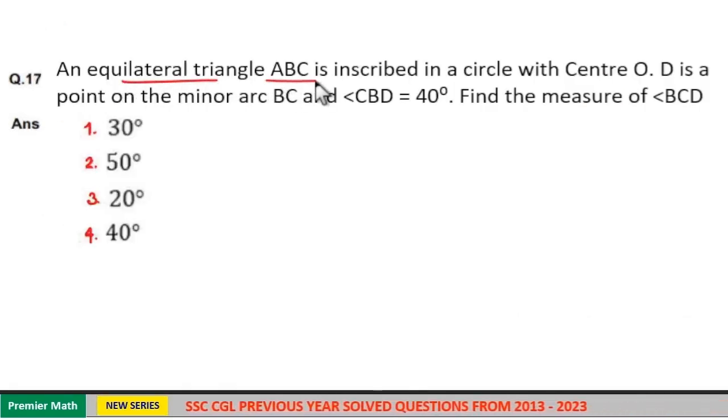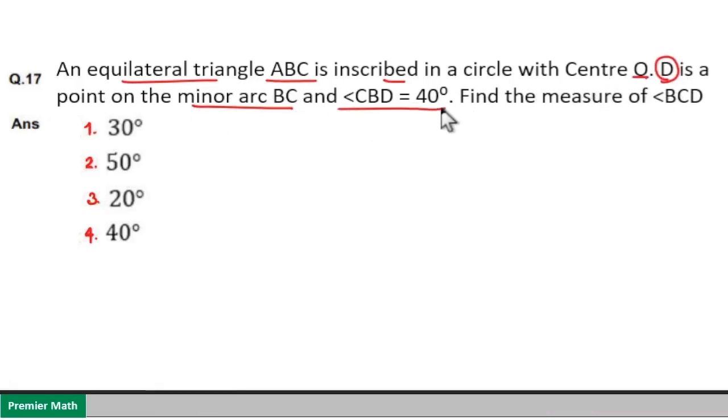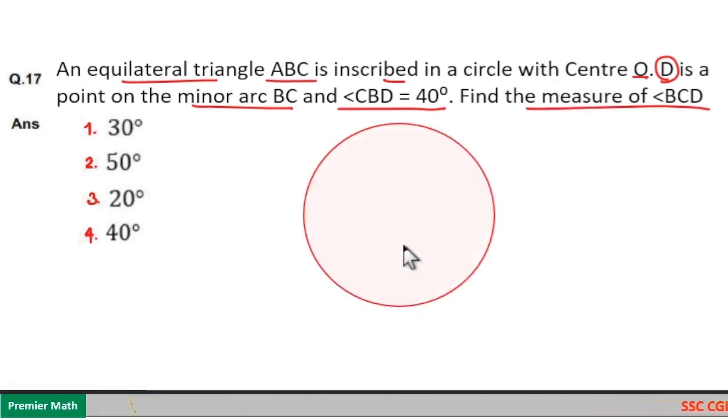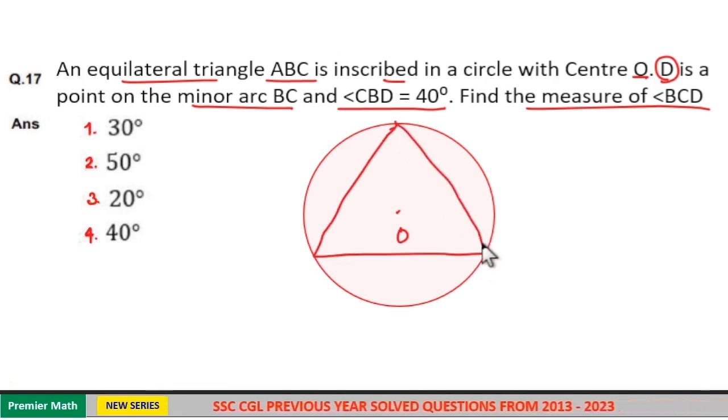An equilateral triangle ABC is inscribed in a circle with center O. D is a point on the minor arc BC and angle CBD is 40 degree. Find the measure of angle BCD. Here, this is the circle with center O. And an equilateral triangle ABC is inscribed in the circle.